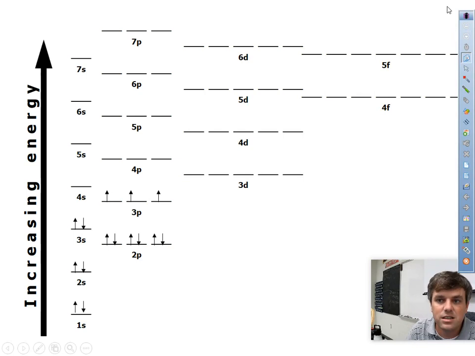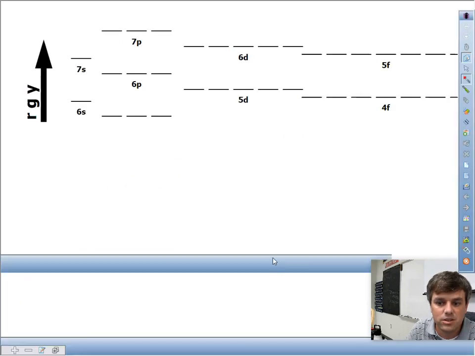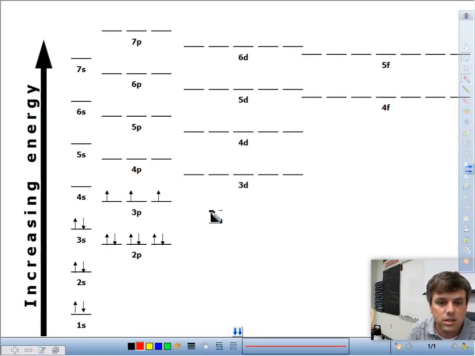The electron configuration would look like this. It would be 1s2, because there are 2 electrons in the 1s sublevel. Then we have the 2s sublevel, and we would write a 2.